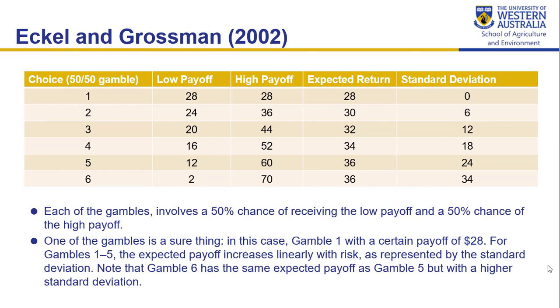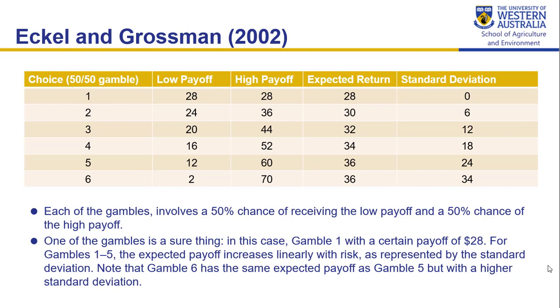So the expected return is $30 and the standard deviation is 6. In the case of gamble number 5, we see that there's a 50% chance of getting $12 and a 50% chance of getting $60. It has an expected return of 36 and the standard deviation is 24.